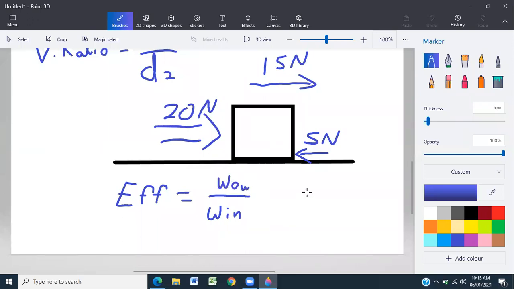Now, generally, we know the work in is equal to the work out in an ideal system, but in this case, it's plus losses, right? And the losses in this case is friction.